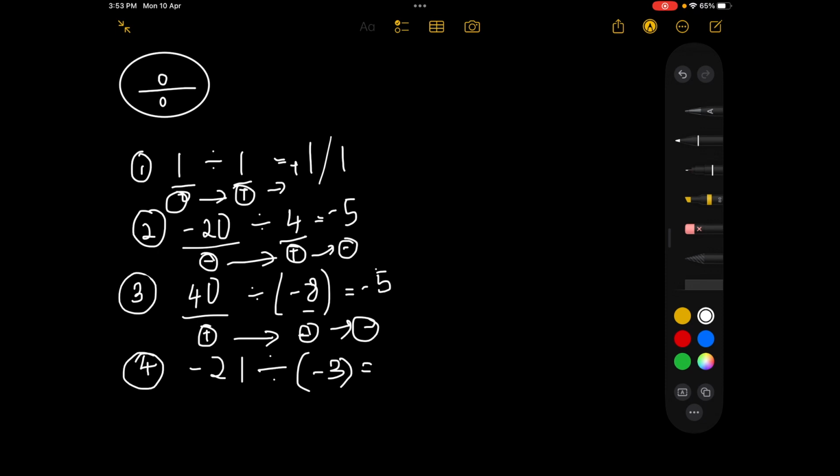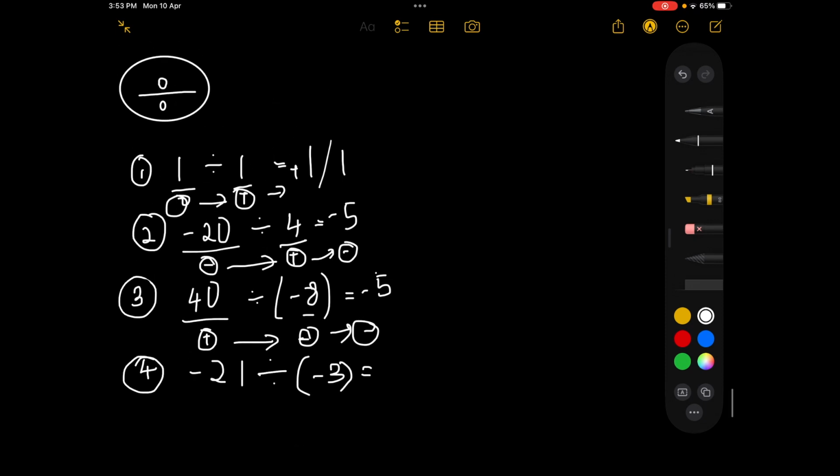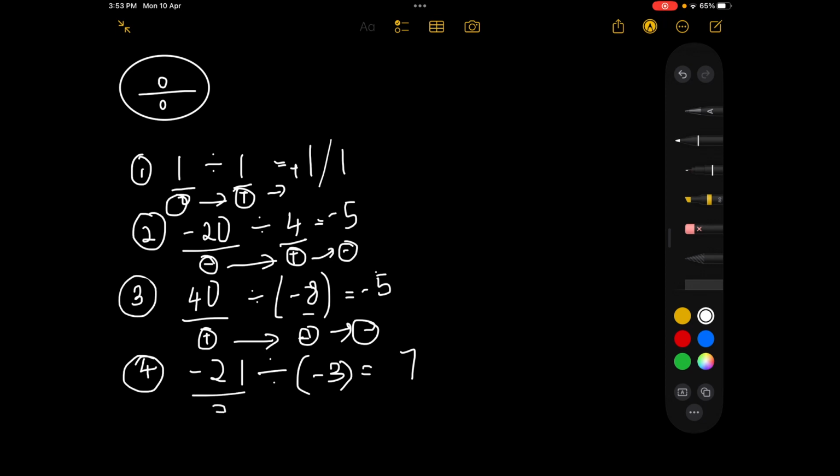That's it. So the last question, negative 21 divided by negative 3. First, let's do our calculation. 21 divided by 3, we get 7. The first number is a negative number, so let's put a negative right there. Then the second number is negative 3, which is also a negative number.